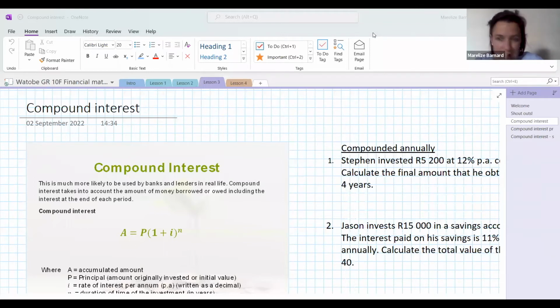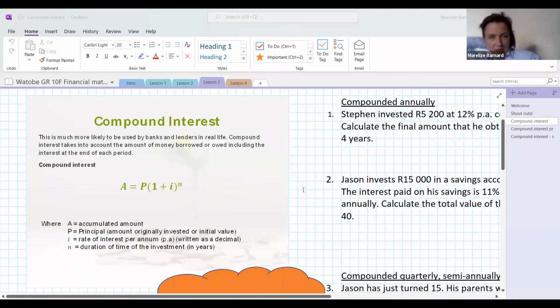I don't know, Ms. Kaka, is it just me or is it her connection maybe? I think it might be Bokamuso's connection, yeah. Sorry, Bokamuso, I couldn't hear that, but just type it in the chat and then I'll be able to get your message. And I'm having trouble muting her, so it's a little awkward. Sorry, Bokamuso, we can't hear you, so we're just going to get cracking with the compound interest.